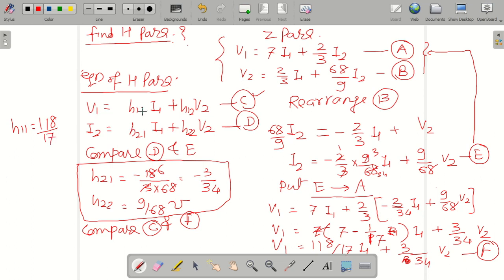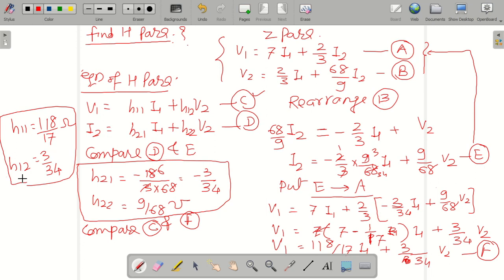H11 क्या होगा? V upon I, that is ohm. Okay. And H12, V1 upon V2 no unit. H12 क्या होगा? This कितना? 3/34. So I got these two answers. Okay. So I got these four answers: H11, H12, H21 और H22.